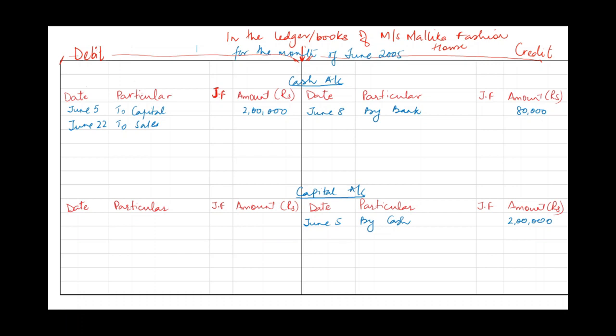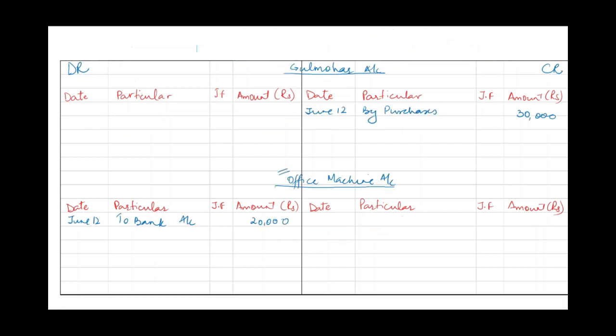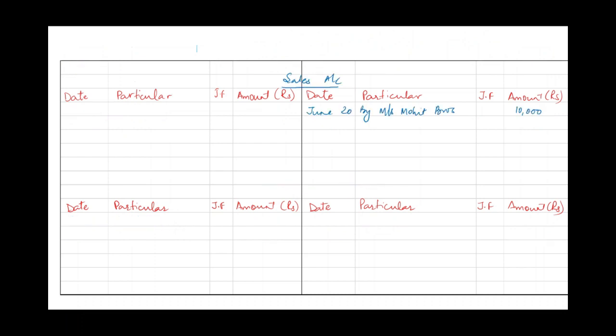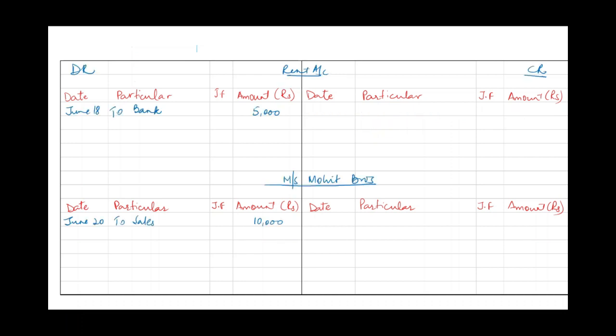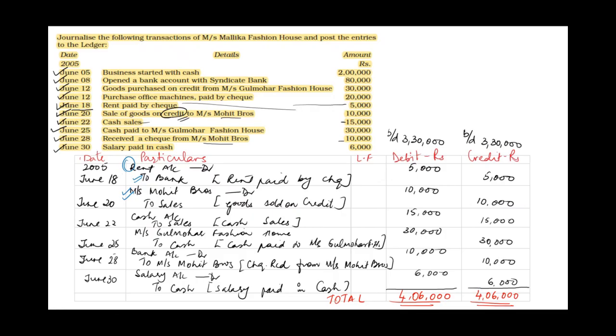Amount is 15,000. Then I go back to my sales account and I'll say June 22nd by cash. I have sold this. One is I've sold to Mrs. Mohit, and one is I've sold on cash. So the amount is 15,000. Okay, with that I go to my next entry.